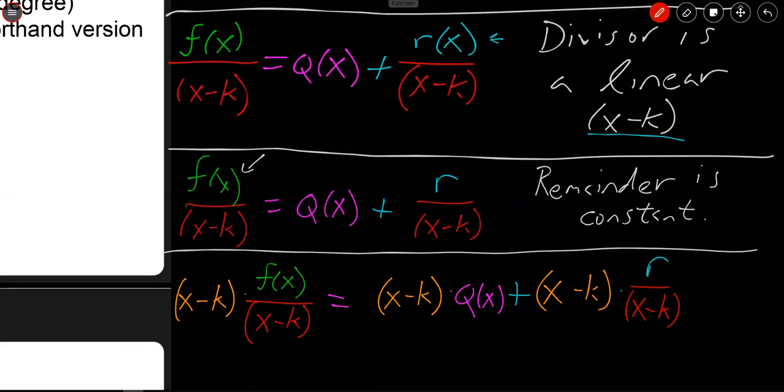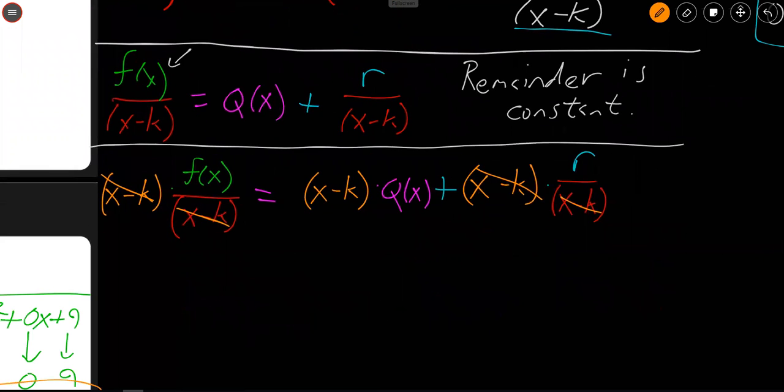So this looks like a mess now, but the nice thing is, if I multiply both sides by x minus k, I get some nice cancels. So on this step, I multiply by x minus k on both sides of the equation.